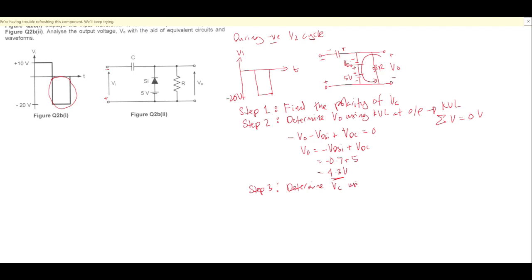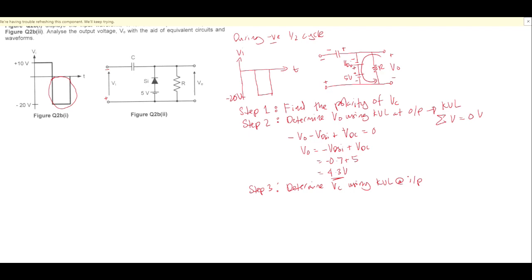Again, you need to use KVL at the input side. So you can make a loop here at the input side.